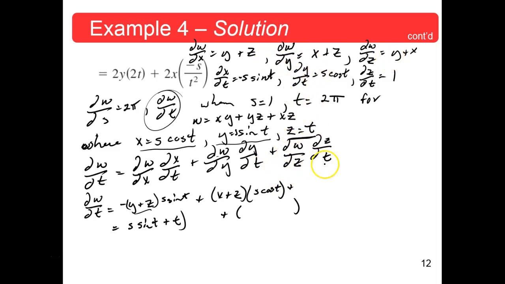The partial of w with respect to z was y plus x. I can't read my own writing. Times 1. The partial of z with respect to t is 1. Okay? Got it? See that?